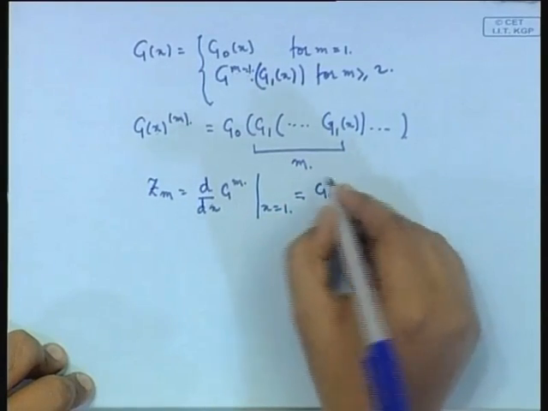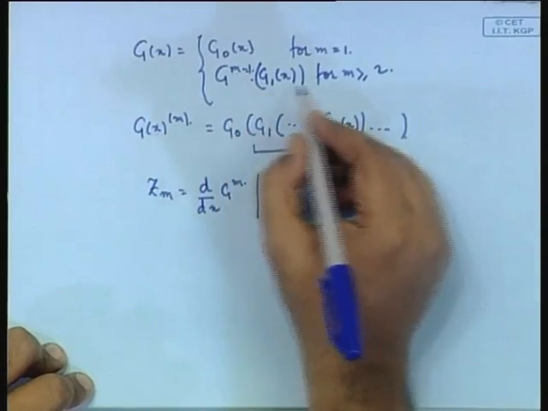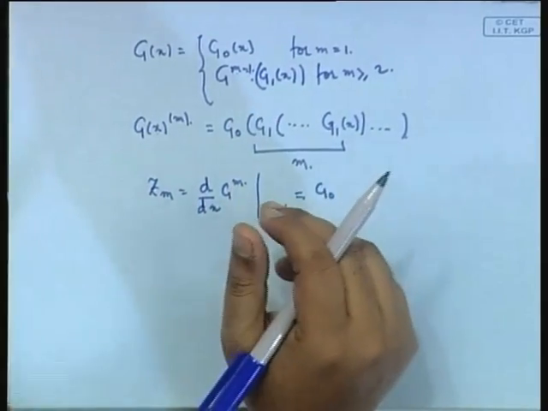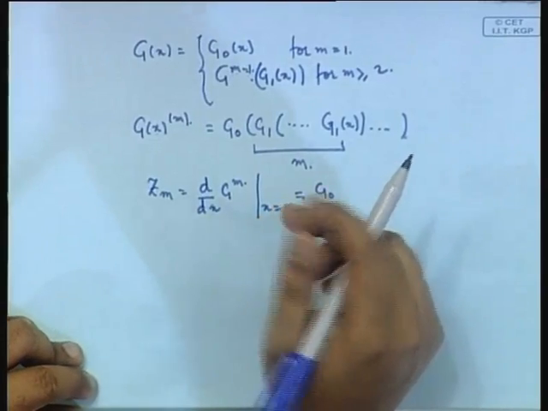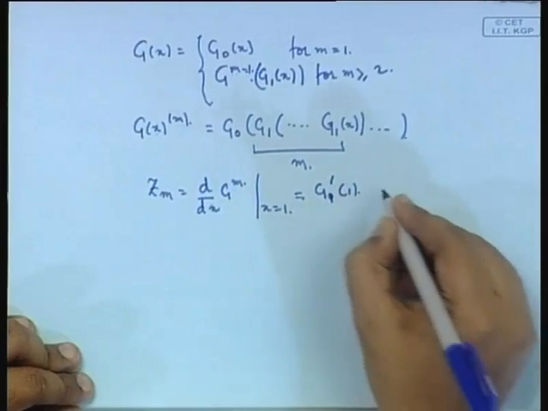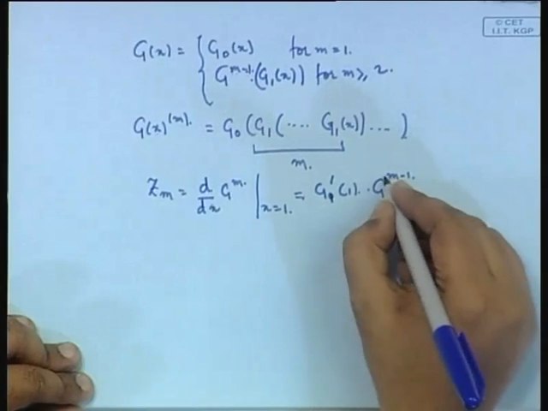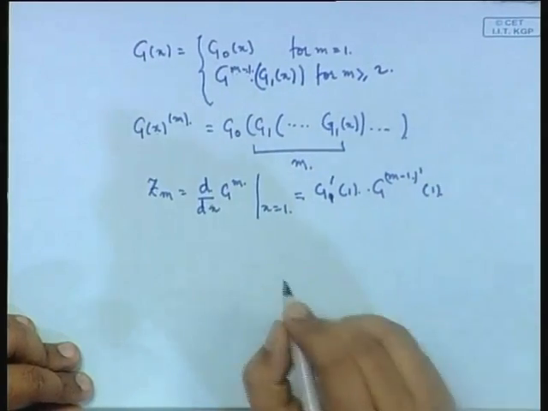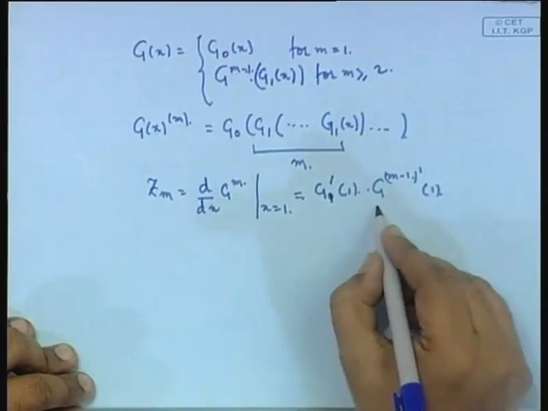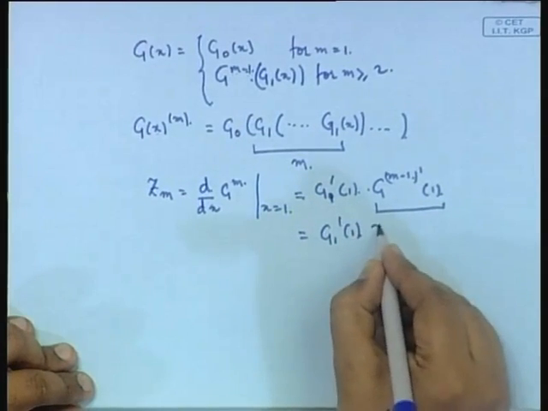Because the most inside G1 x will come out, just G1 dash 1, and whatever is left, Gm minus 1 dash 1, which is basically Zm minus 1.